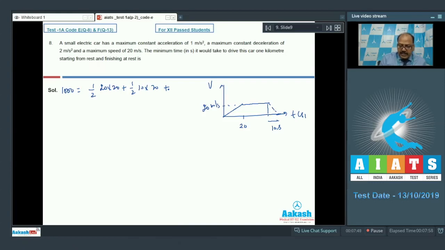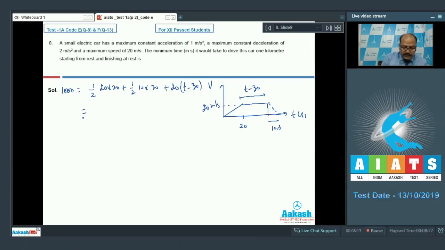So if the total time is T second, the length of the rectangle is T minus 30 second, because 20 second and 10 second have been taken up here. So the area is 20 into T minus 30. Let us solve.